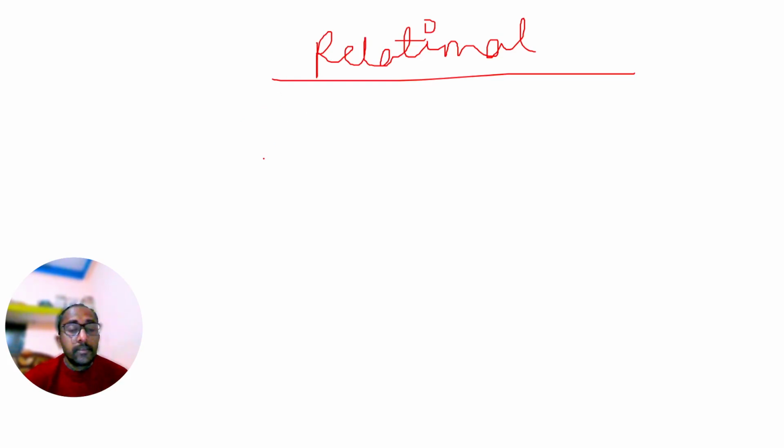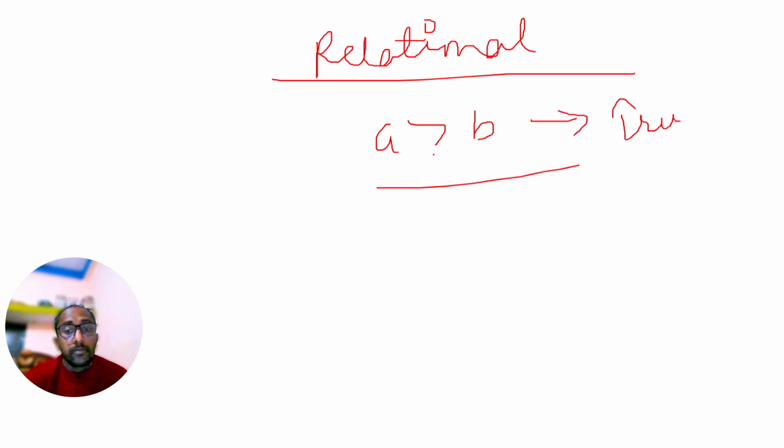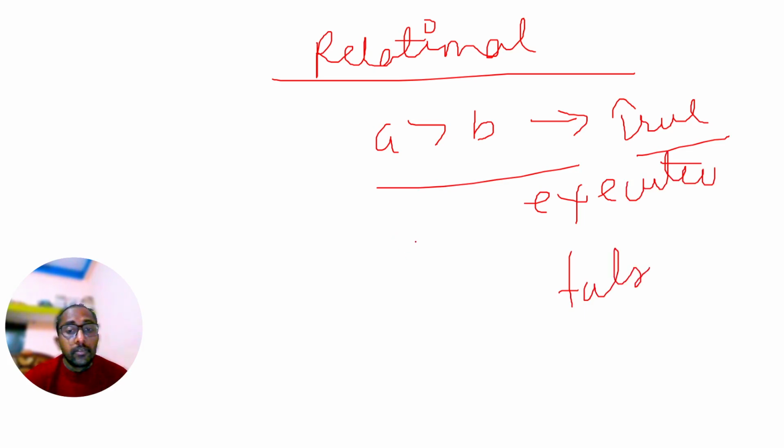Relational is a comparison, like greater than or smaller than. If a is greater than b is true, the true statement will be executed. If not true, the false statement will be executed. We'll see in practical.